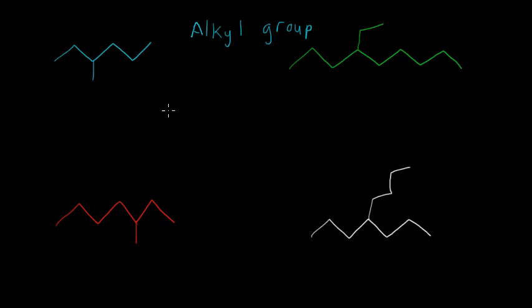So 6 is going to be the longest carbon chain, and when you start numbering it, you number from the side where the nearest group is. So you're going to start numbering over here because this is the nearest group. You wouldn't start here. So we will do 1, 2, 3, 4, 5, and 6.